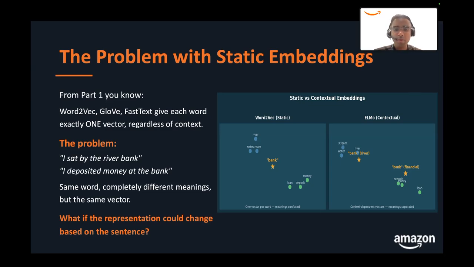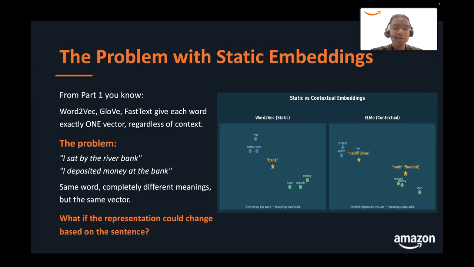Now, how to have the vector representation of my word dependent on the context? Why should we have it dependent on the context? Let's take an example: I sat by the river bank, I deposited money at the bank. Over here, both the words in the same textual format, bank, have very different meanings. If I have the same vector representation of both the banks, my model is going to be confused about what it means.